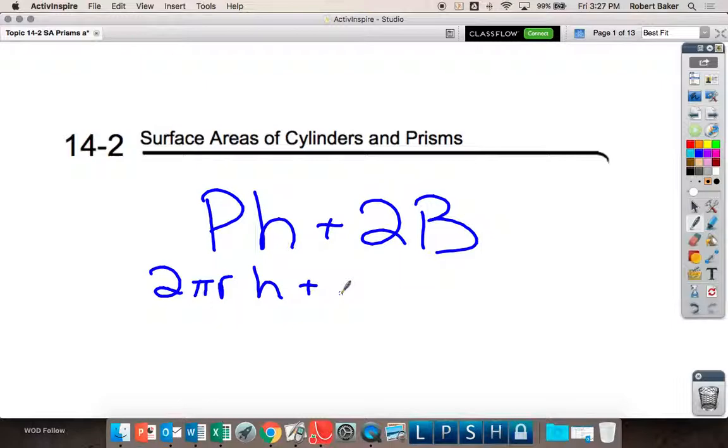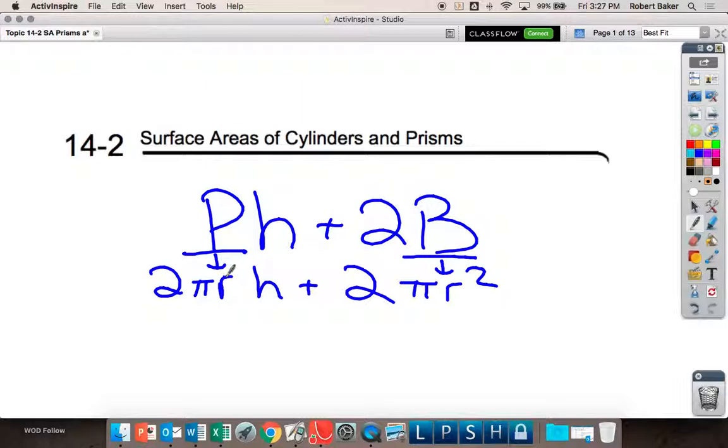A cylinder has 2 bases, but how do you find the area of the base if it's a circle? You notice how big B changes to pi r squared when the base is a circle, and big P changes to 2 pi r because it's the circumference. They're the same exact equation, just written in student-friendly terms.